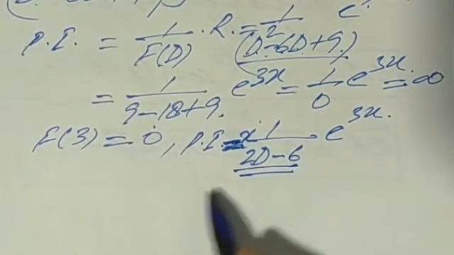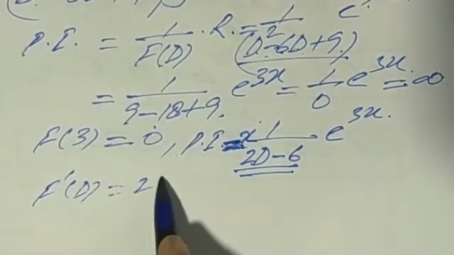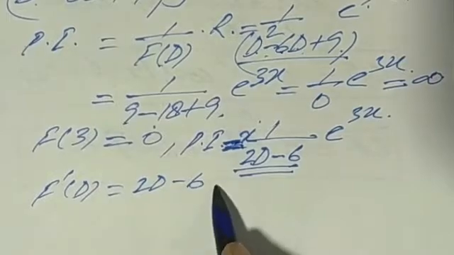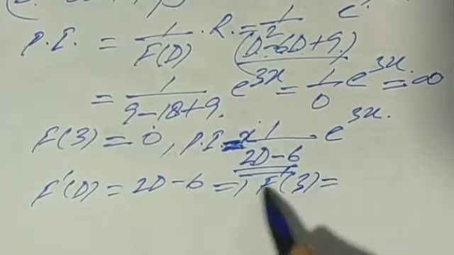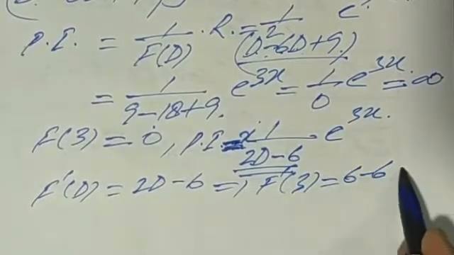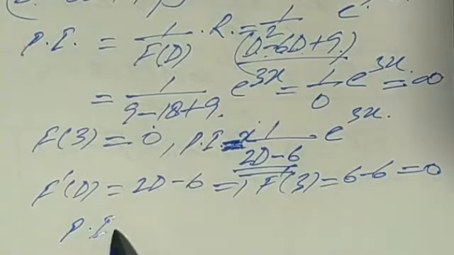So this is f dash D, 2D minus 6. Now we check f dash 3 is equal to 3 times 2 is 6 minus 6, again it is 0. So we have to repeat the process again.